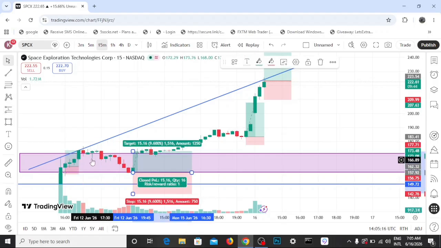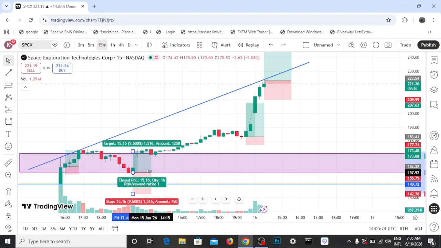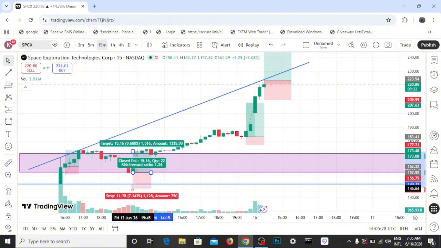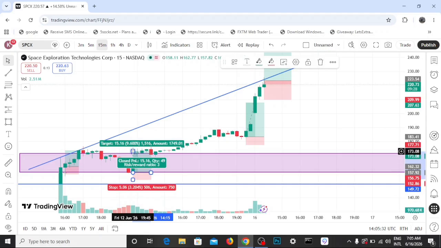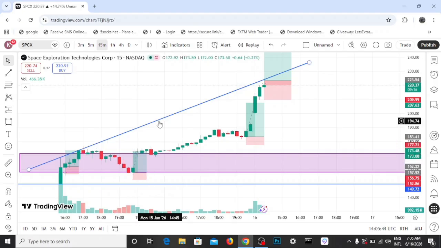Now you can see right by the marked supply zone, it hit the supply zone and then sprinted on the buy. So the risk reward ratio is 1 to 3. Cool. Here we hit our TP level.